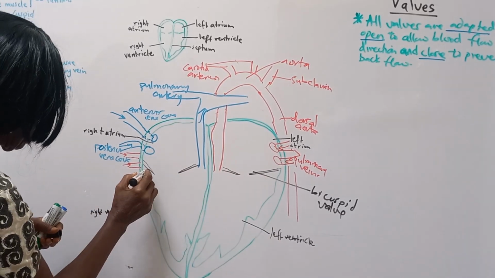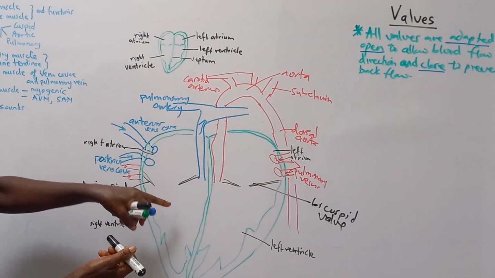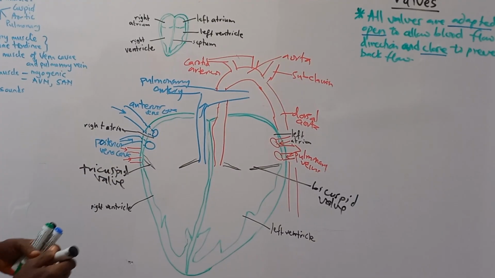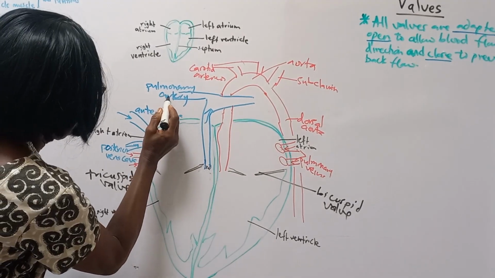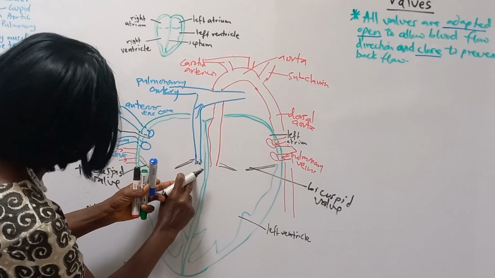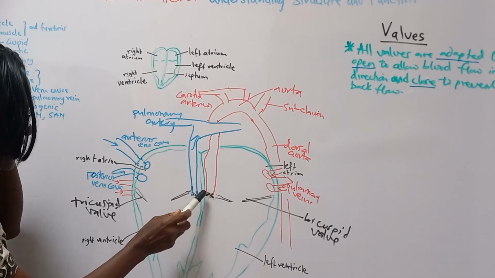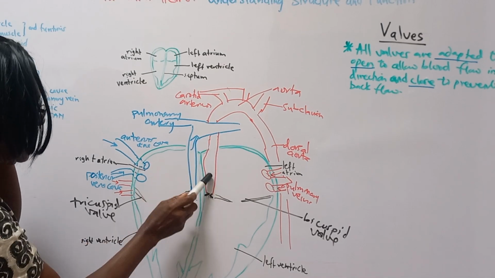You have the tricuspid valve here between the right atrium and the right ventricle. And then you have the pulmonary valve here at the beginning of the pulmonary artery in the right ventricle. And then you have the aortic valve at the beginning of the aorta here.